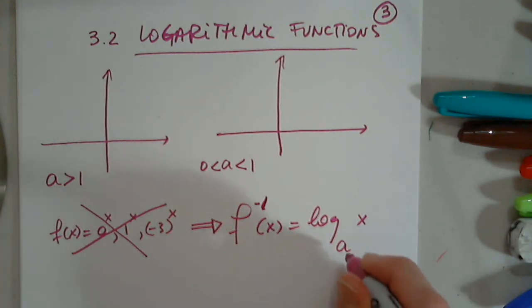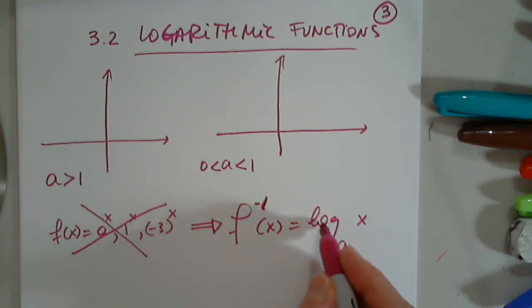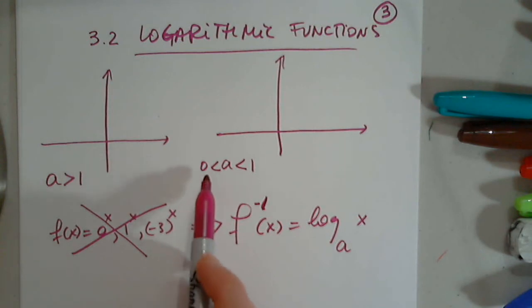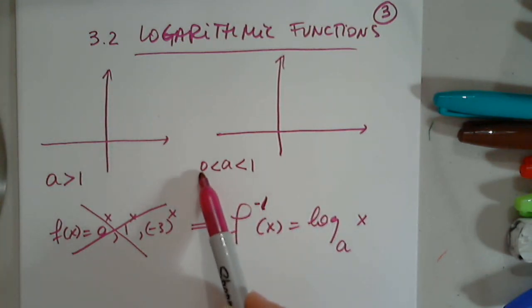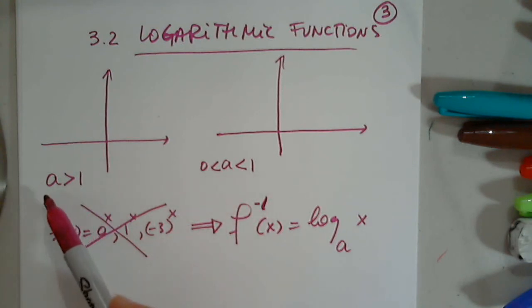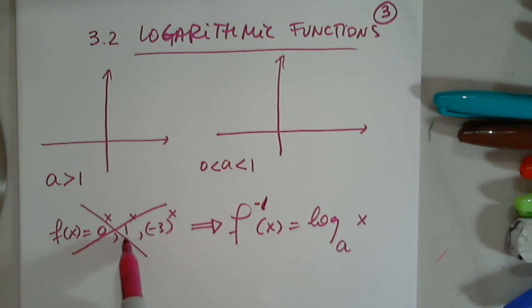So the log function will not exist if the bases were 0, 1, or negative. That's the reason why we have to exclude these possibilities from the exponential function.